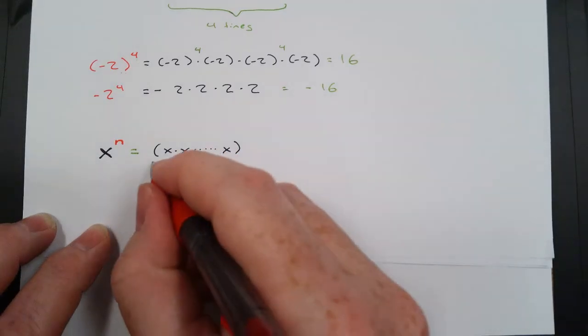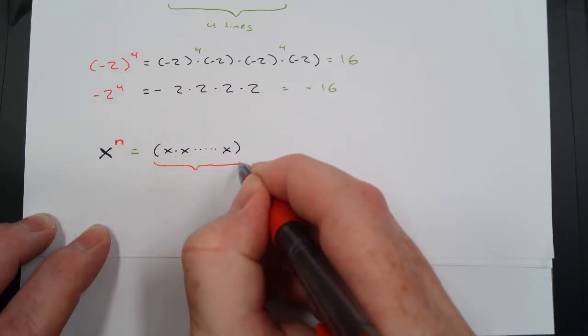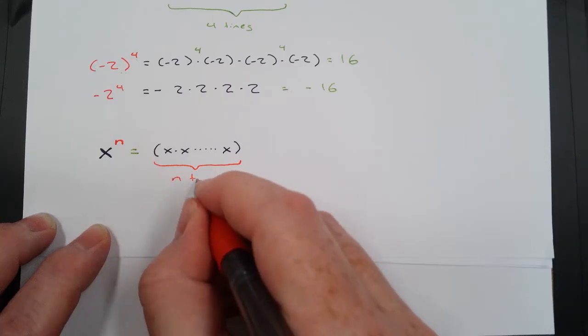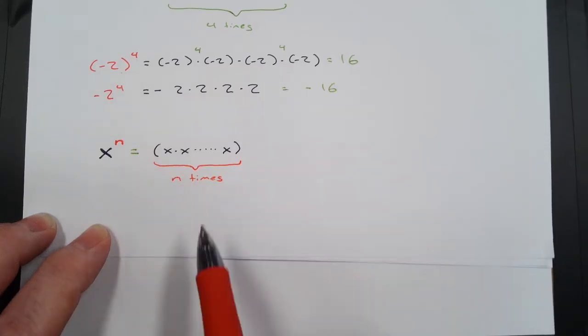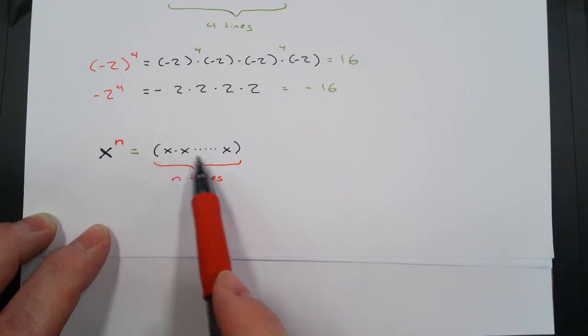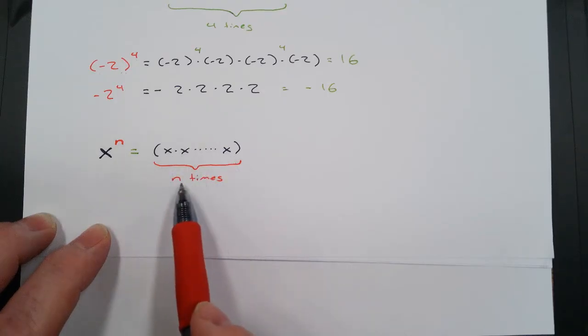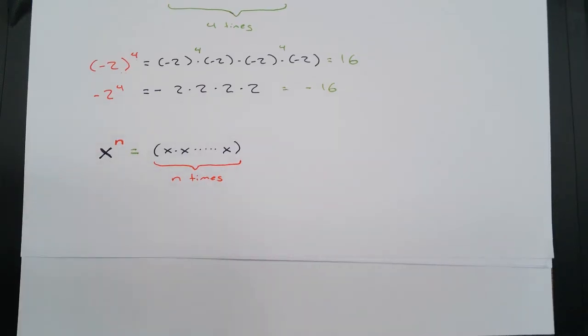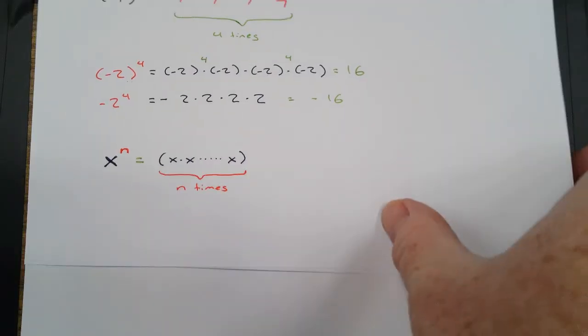Well, n times. So we have x's multiplied by each other, because those are the bases, by however many times we see here. So that is what we're working on a little bit. So let us do some examples together.